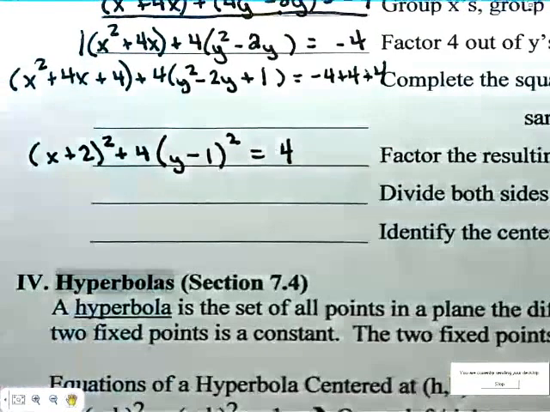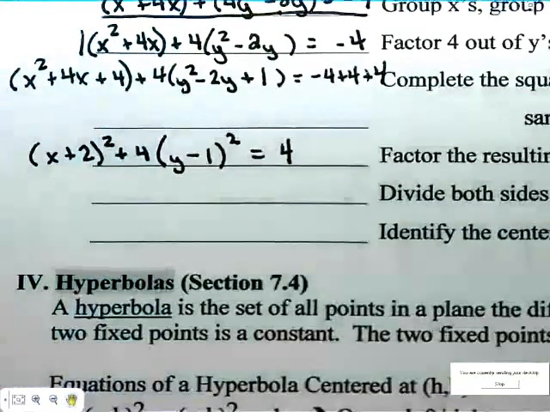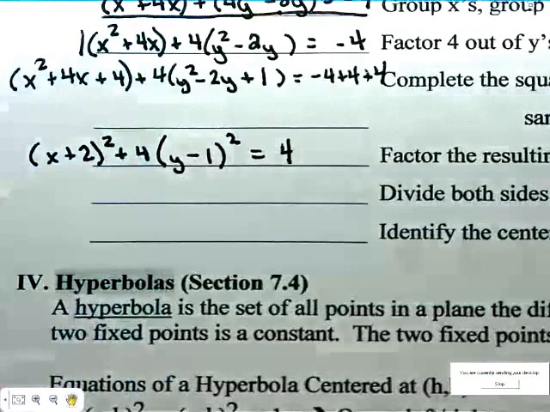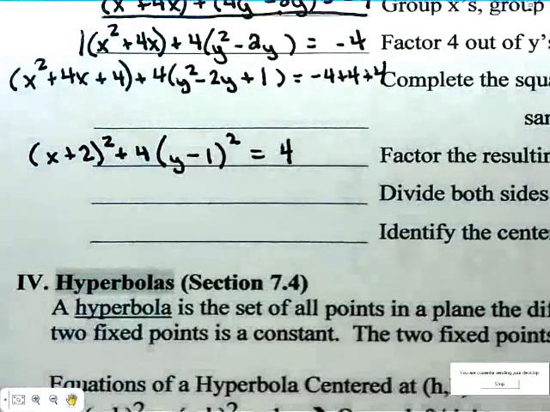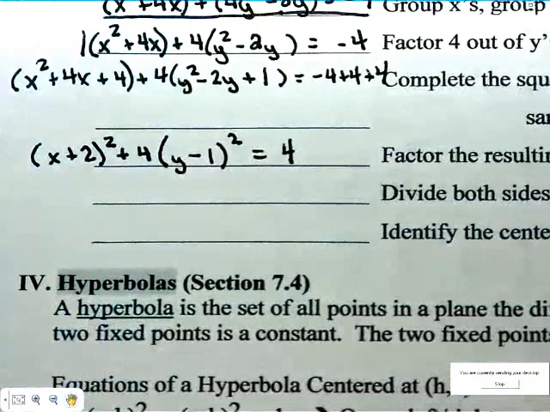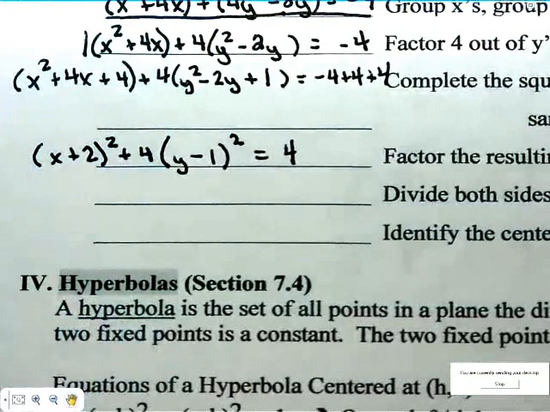All right. One other step, I don't yet have it in the form with the 1 on the right-hand side, but all I'd have to do is what? Divide both sides by 4.